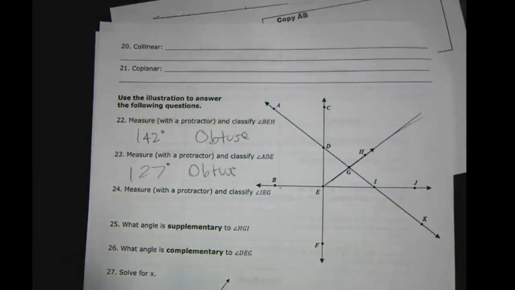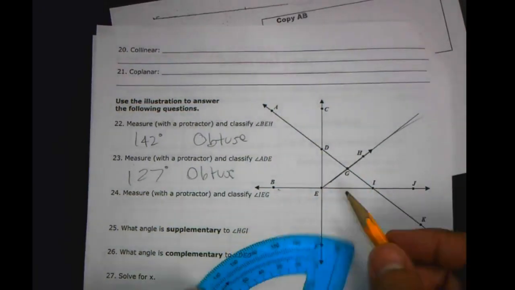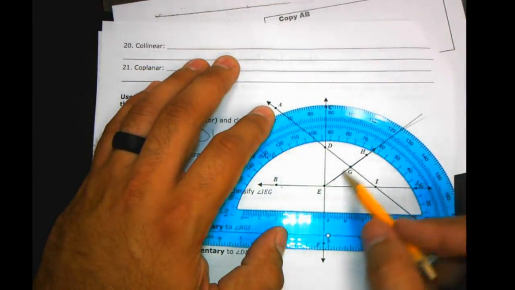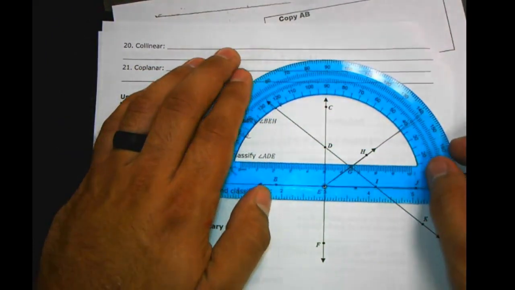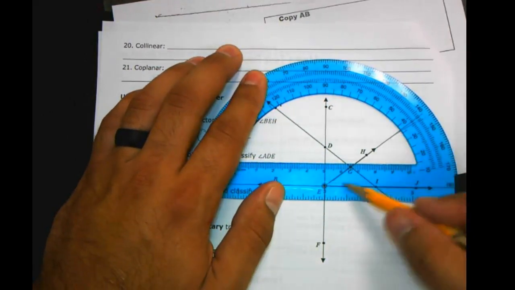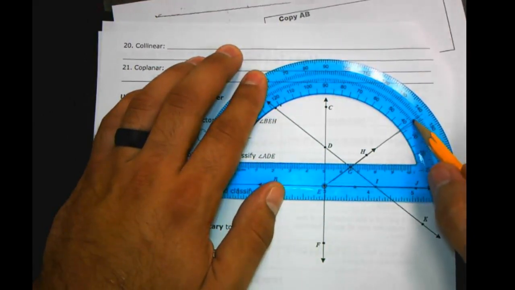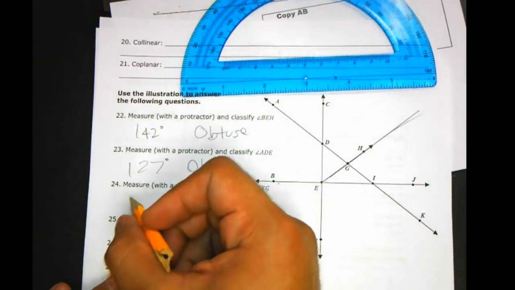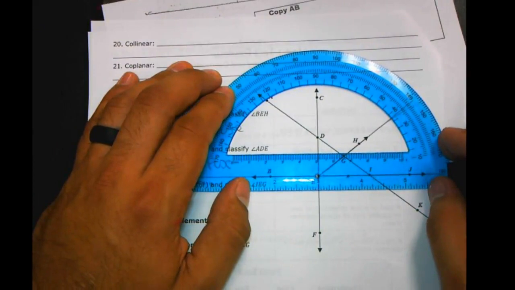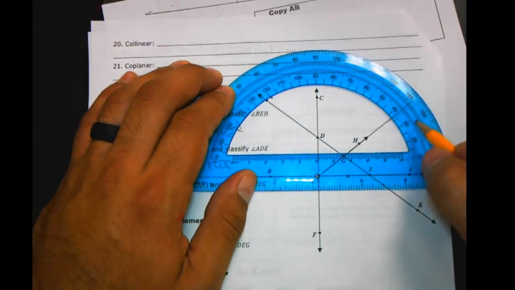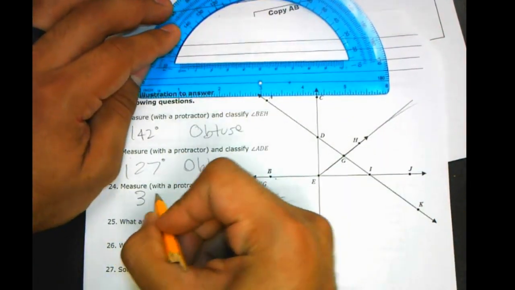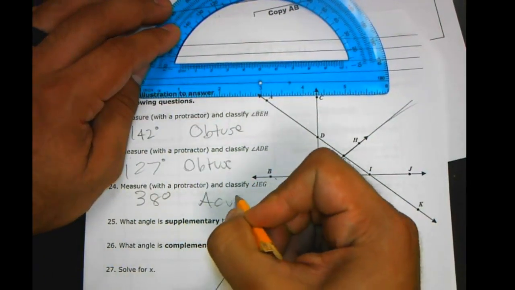And then we're going to measure IEG. Now you can see IEG is the supplement of BEH that we already measured earlier, but we'll measure it anyways to get the precise measurement. It's acute, so it's about 32. Double check. Sorry, not 32, it's about 38 degrees. That's acute.